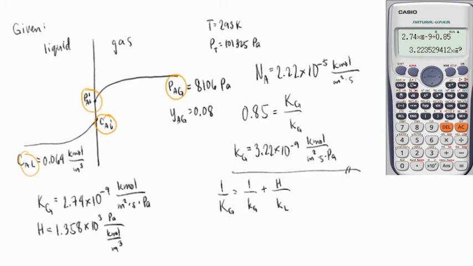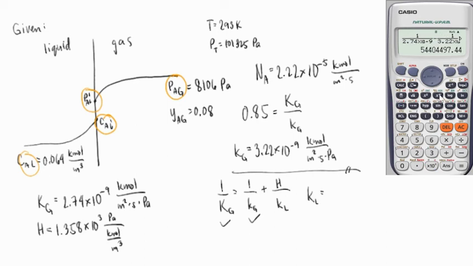Since we were given the overall mass transfer coefficients and we have determined the individual film transfer coefficient for the gas side using the percent resistance equation, we can now solve for small kl. And that is simply 1 over capital Kg, 2.74 times 10 raised to negative 9, minus 1 over small kg, that is 3.22 times 10 raised to negative 9.